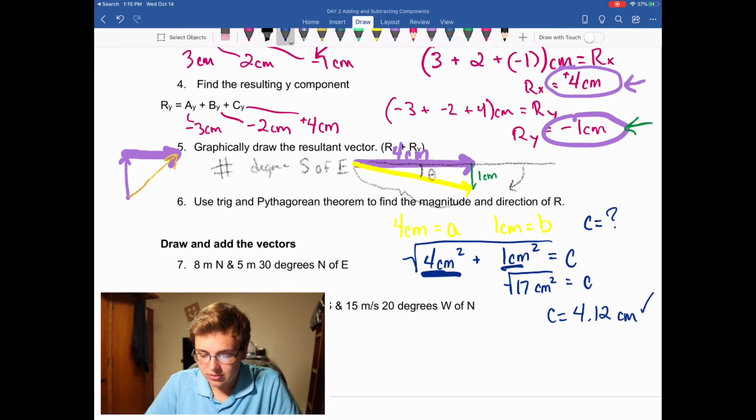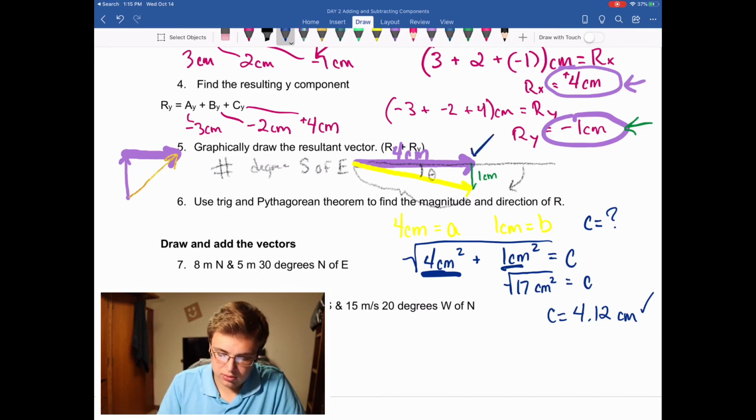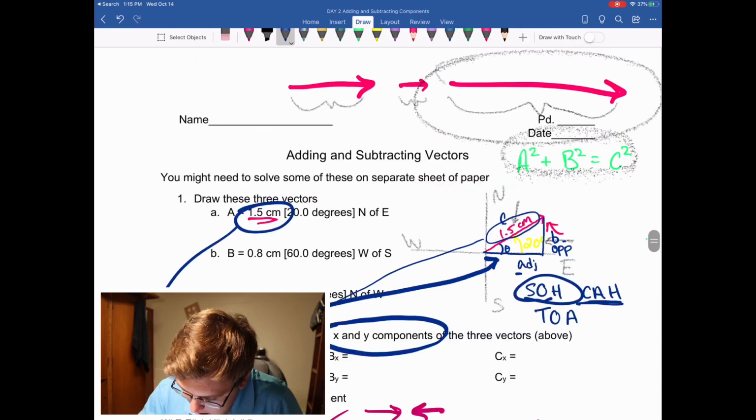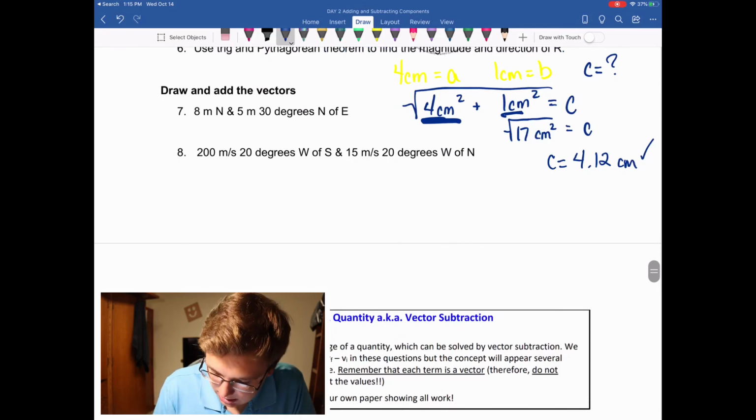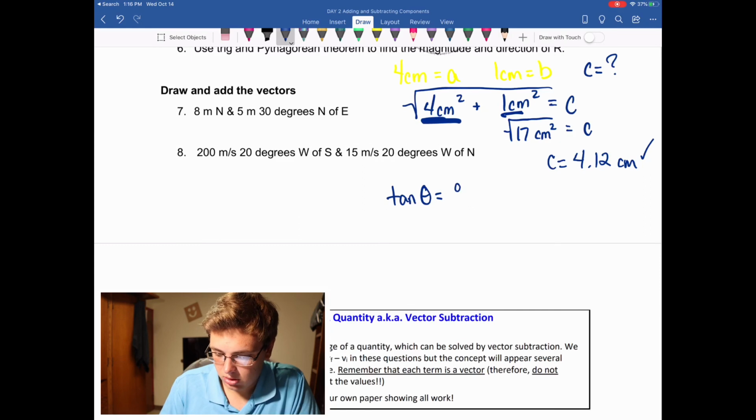So then I also have to find out my direction. Well, I can look up here to my triangle. I have my opposite, I have my adjacent, I have my theta right there. And I know tangent of theta equals opposite over adjacent.